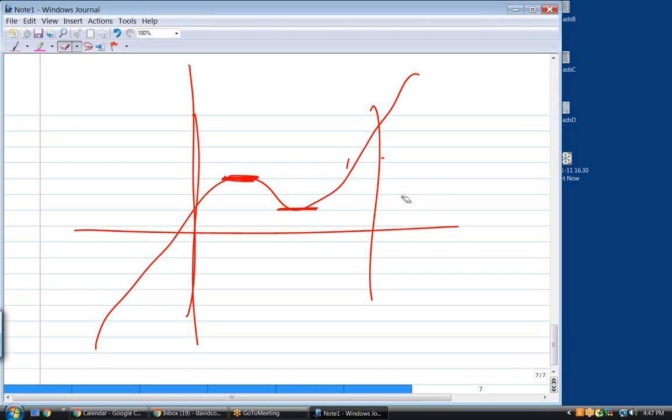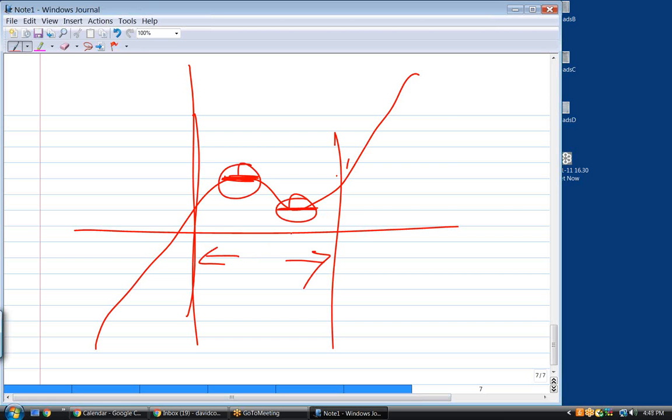Actually, I didn't draw the right-hand boundary properly. In other words, if I was referring to that range, from where x goes from there to there, there is a local maximum in that range, and there is a local minimum in that range. And that's what they're talking about when they talk about maximums and minimums.